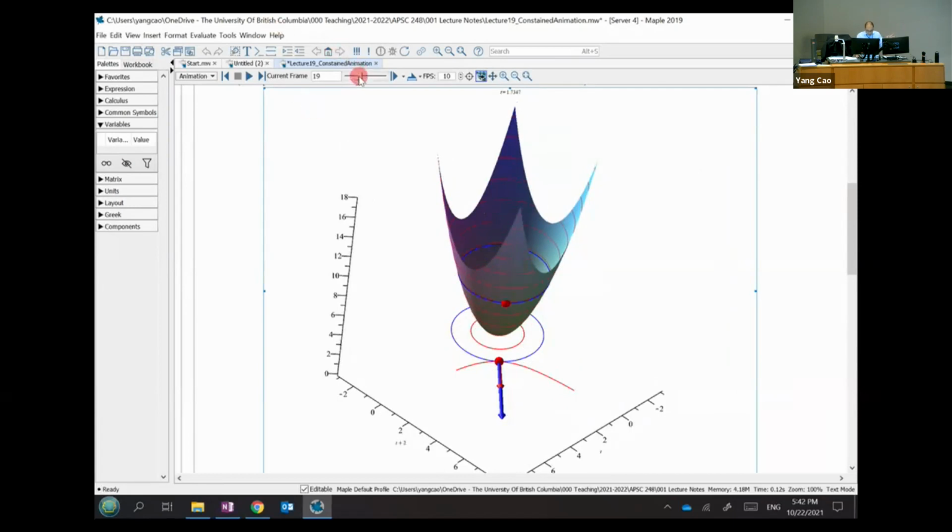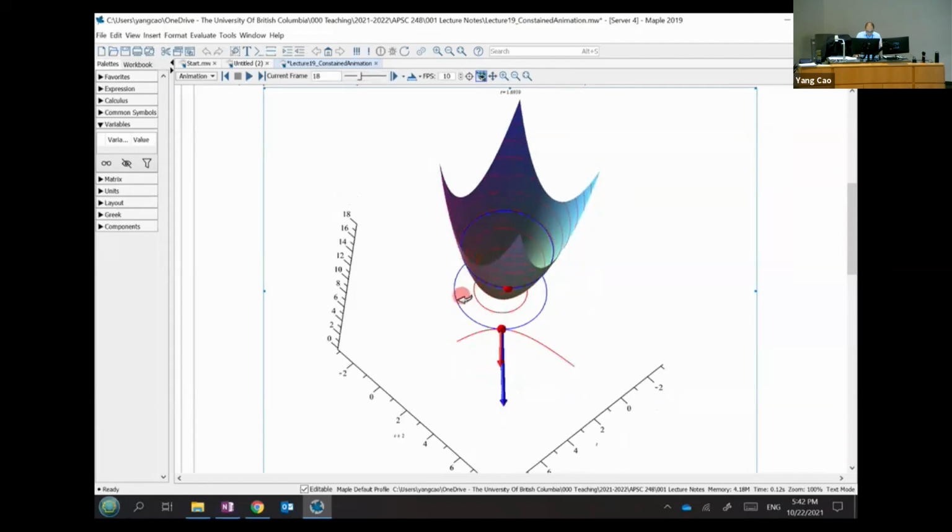As you can clearly see, that level curve, the blue one, changes. When person B reaches this minimum location, the level curve from person B and the constraint become tangent to each other.